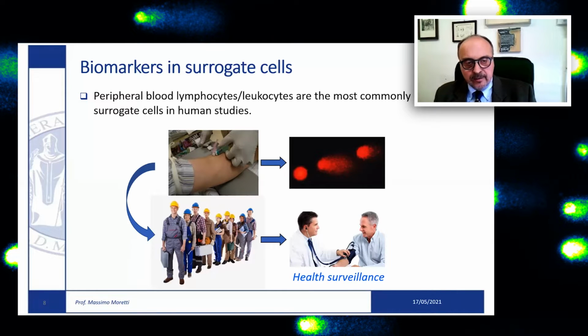Blood withdrawal from the antecubital vein is very easy, and it is a procedure that is common in health surveillance in populations with occupational exposure, not only to genotoxic xenobiotics.